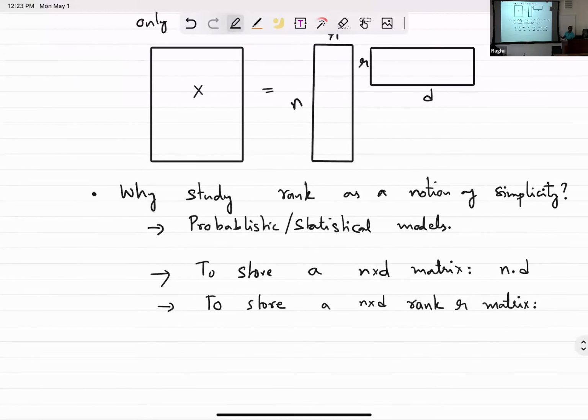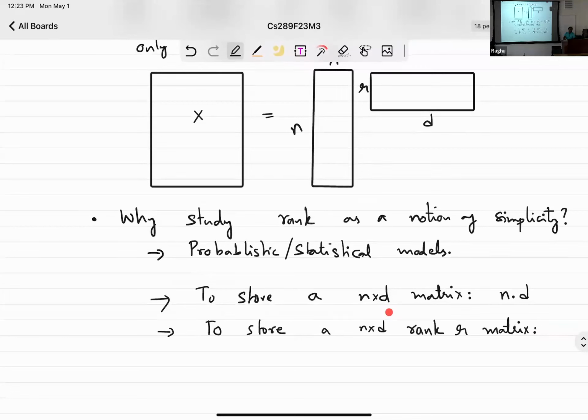You're not going to store X exactly, but you'll store some representation. You'll say, okay, if you want the ijth entry, here it is. Some kind of compression. How many entries do you need? Yeah, so we only need to store these factors. So I only need to store n times R plus R times d, which is basically (n plus d) times R. Much more manageable compared to n times d if R is small.